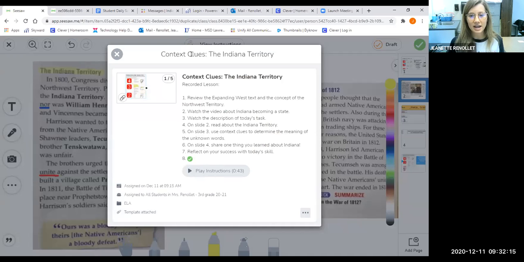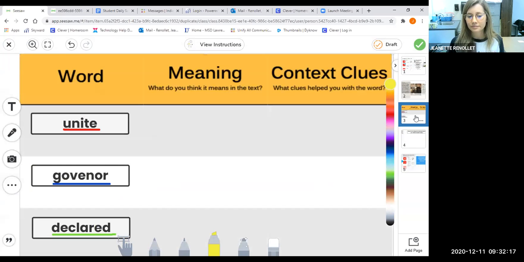In our task today, you have on slide 3, you have 3 words from our text that you may not know. You might have some background knowledge about what they mean, but there are 3 words here that you need to define today.